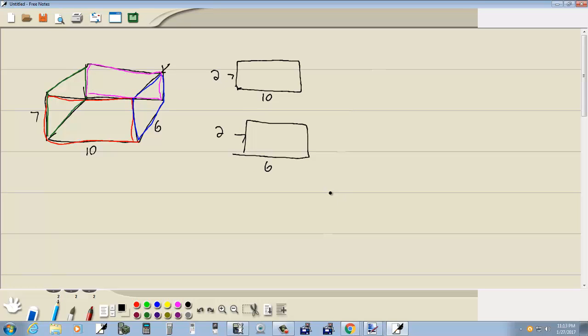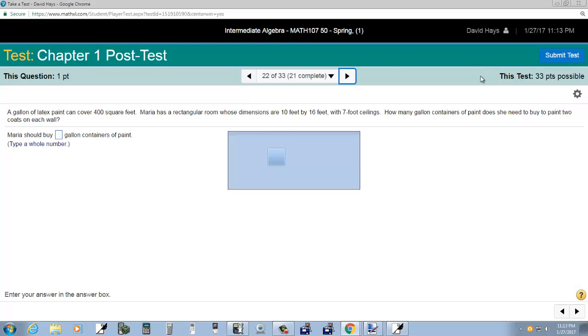So that'd be 7, that'd be 6. Okay, so this is 2 times, and then the area, we take 7 times 10, length times width. That's 70 times 2 is 140 square feet.